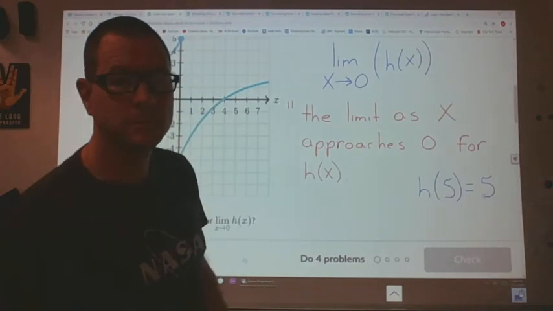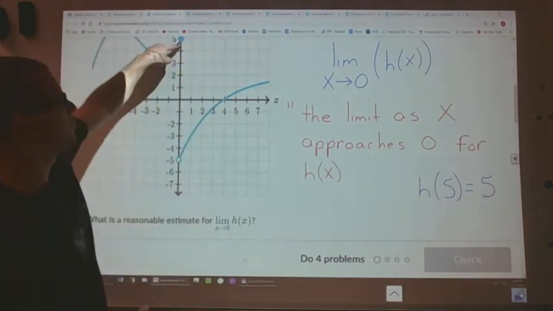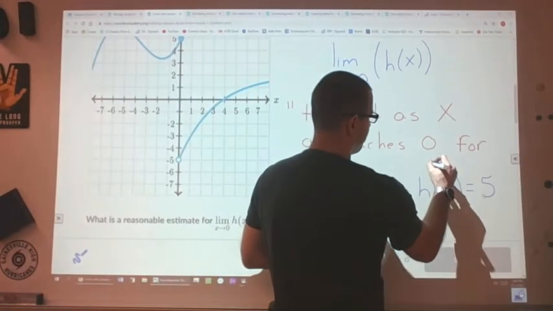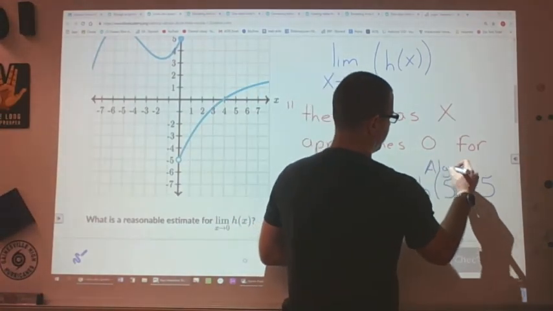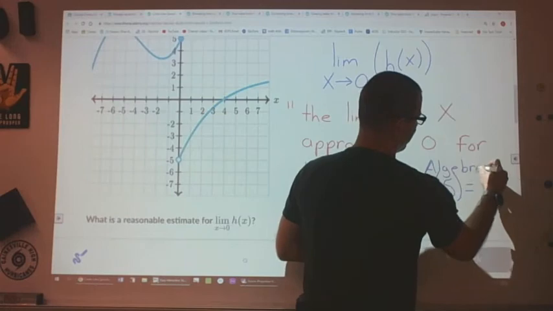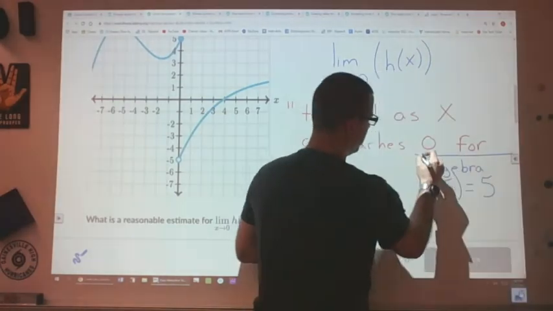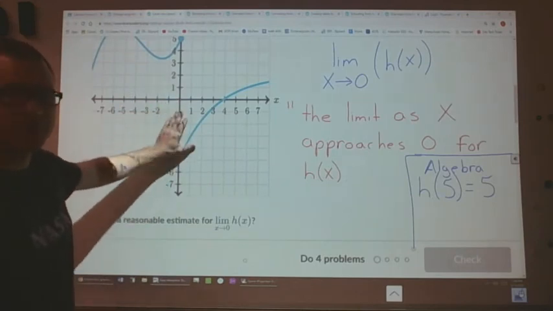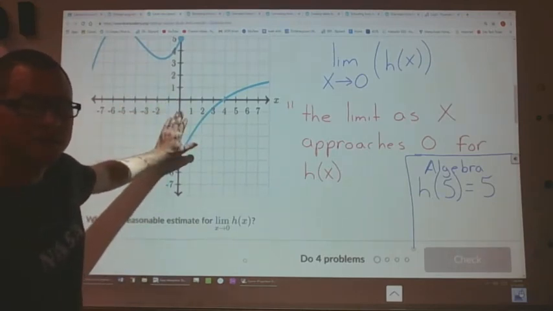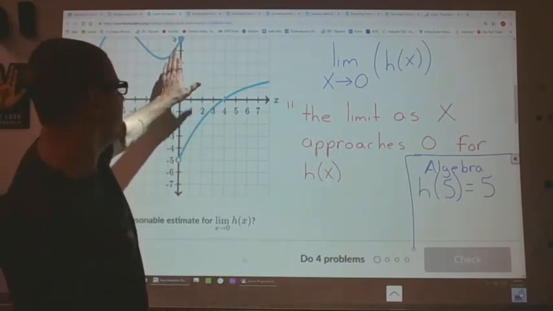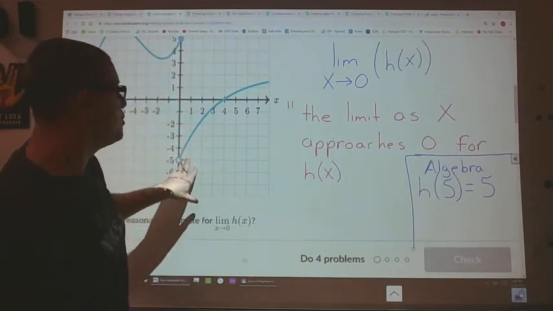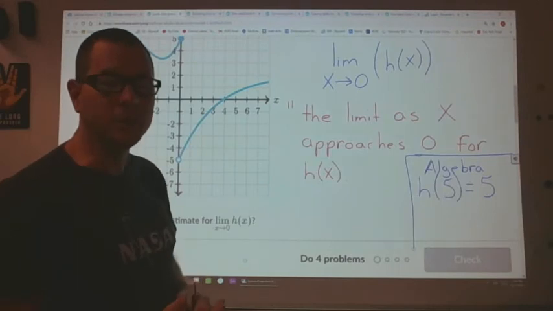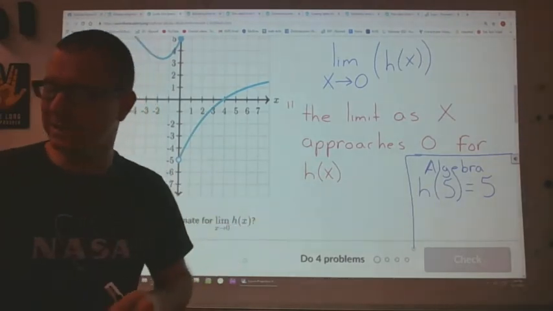Algebraically, I can plug in 0. I have the closed dot. It is equal to 5. But I can see from the graph that there's something else going on here. Because a little bit to the left and a little bit to the right, we get these huge divergences in that value. So I'm going to look at the limit instead.